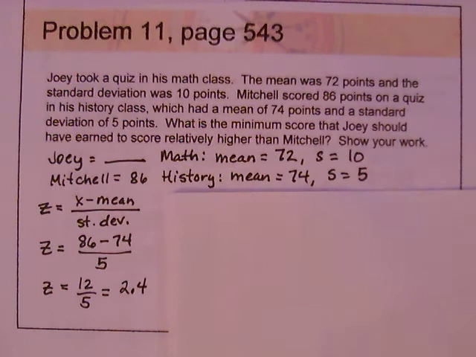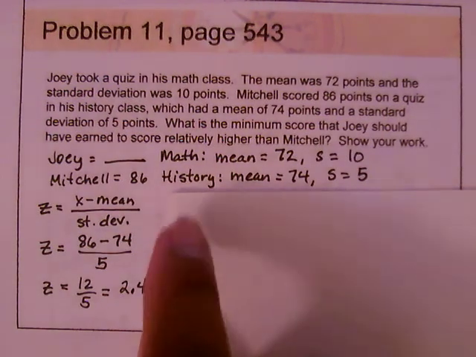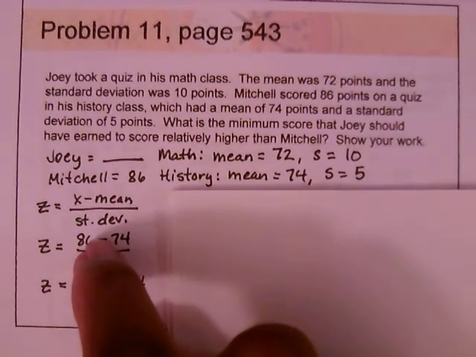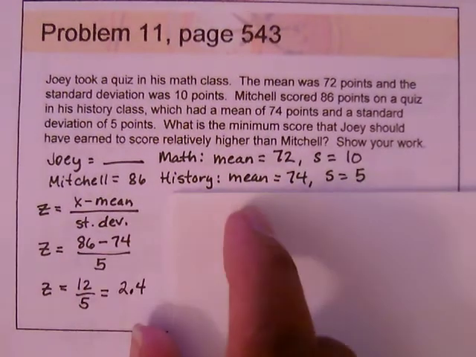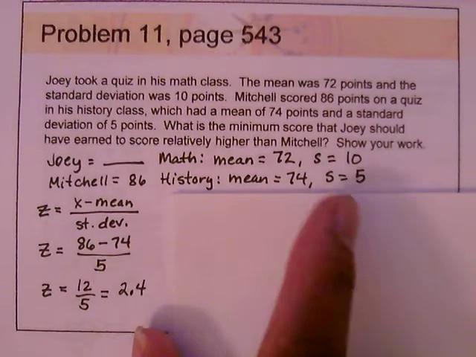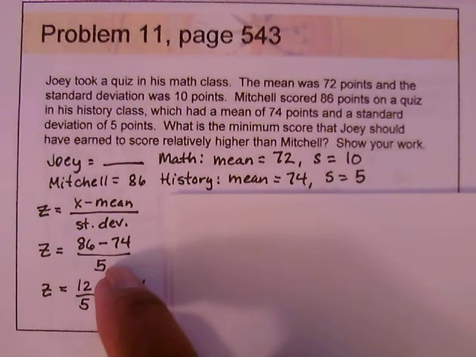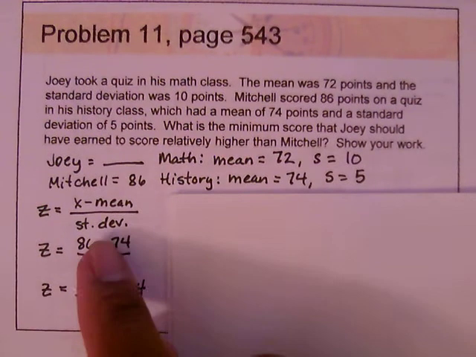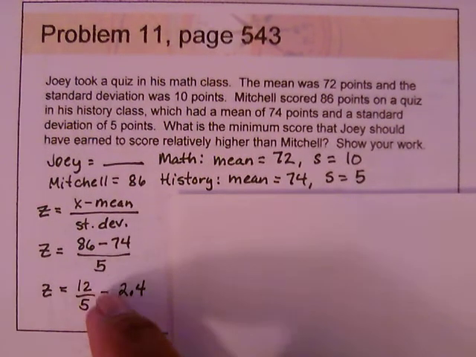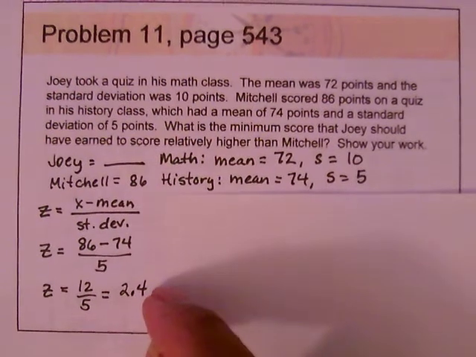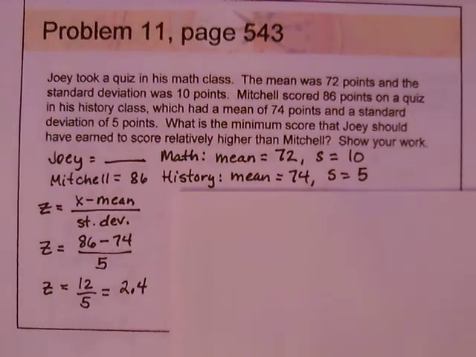So for Mitchell, his score was 86. So this will be 86 minus the mean of 74, divided by 5. So 86 minus 74 will be 12. 12 divided by 5 will be 2.4. So the Z-score for Mitchell is 2.4.